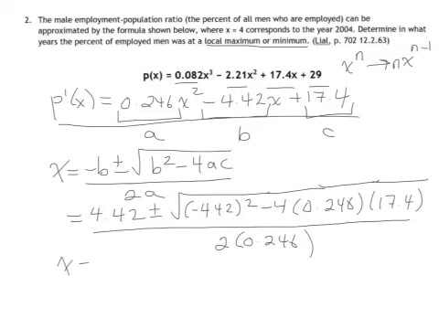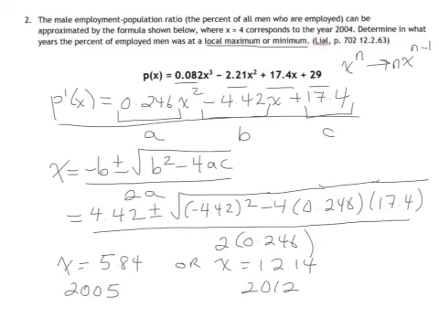And when we solve that, we're going to find that we have x values of 5.84, or x is equal to 12.14. Okay, so we're looking at local max or min values at the end of 2005. That's 2000 plus 5.84, and at 2012. So that's 2000 plus 12.14, so the beginning of 2012.